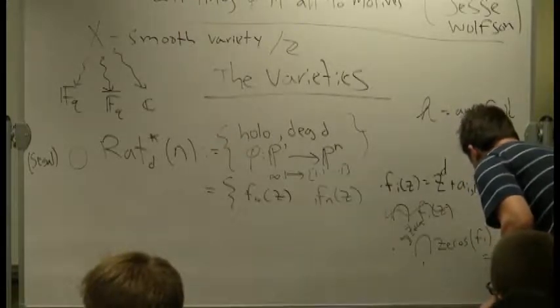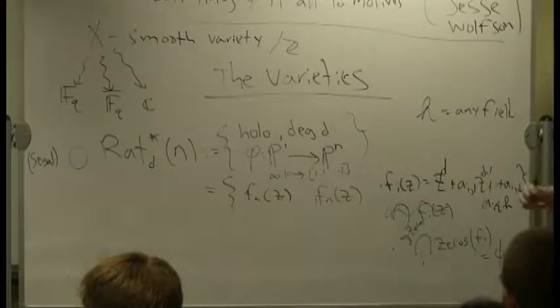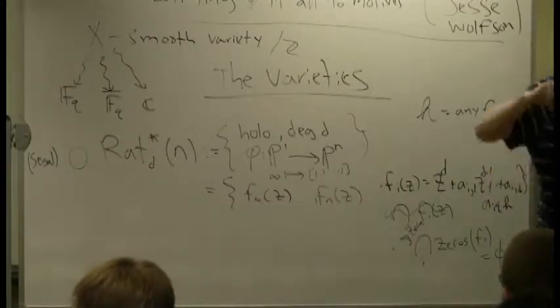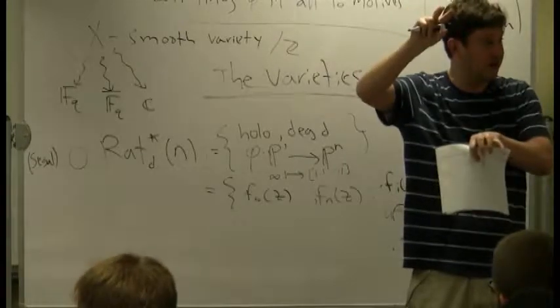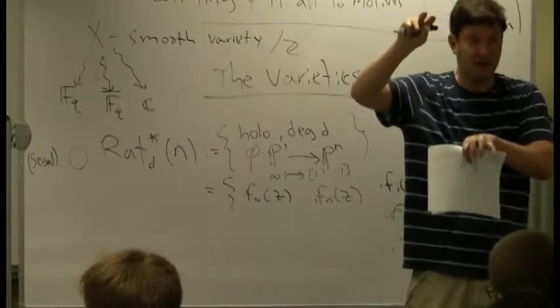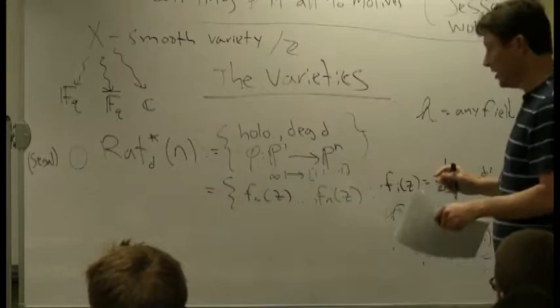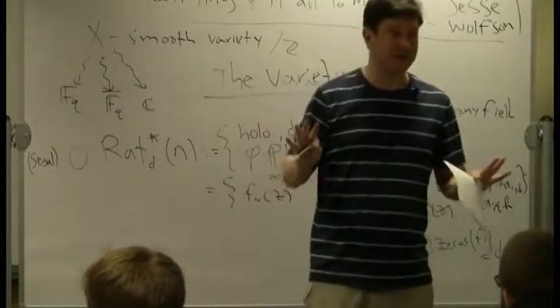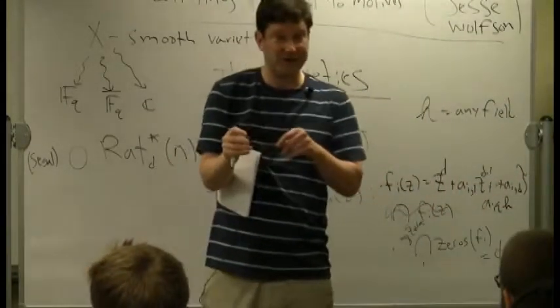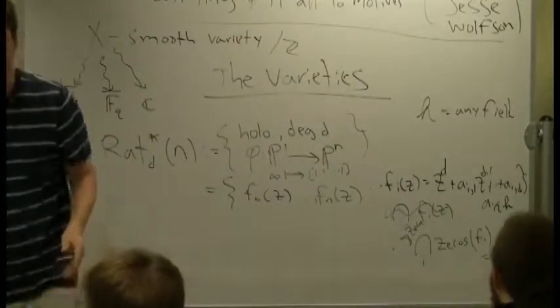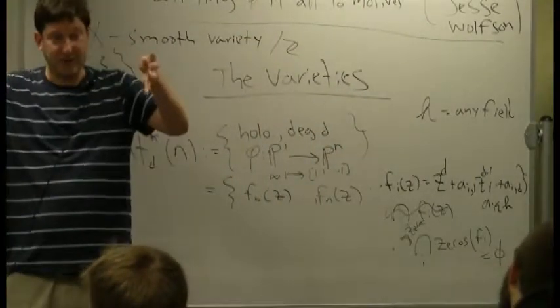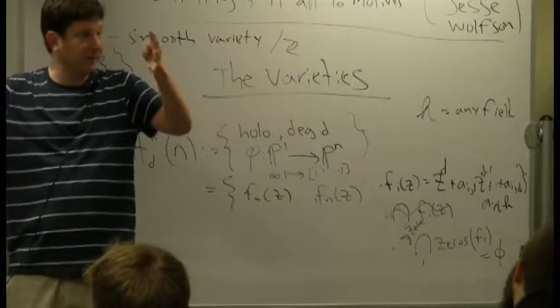So for n equals 1, this is a rational map. What's a rational map? It's a quotient p(z) over q(z) of two polynomials with no common roots. That relates to configuration spaces because you're determined by your roots. It's secretly configurations of two sets of unordered points, two sets with d things each.